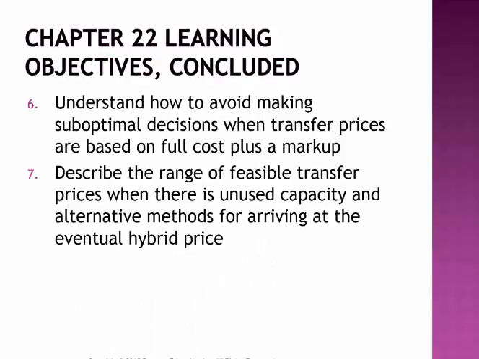We will describe the range of feasible transfer prices, a range meaning we're going to have a low end and a high end, when there is unused capacity at one of our subunits. And we'll also talk about alternative methods for arriving at the eventual hybrid price, which is one of our methods that we will look at.